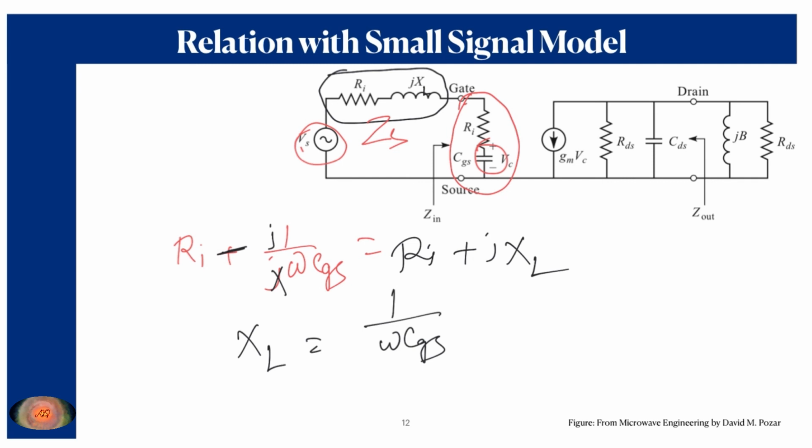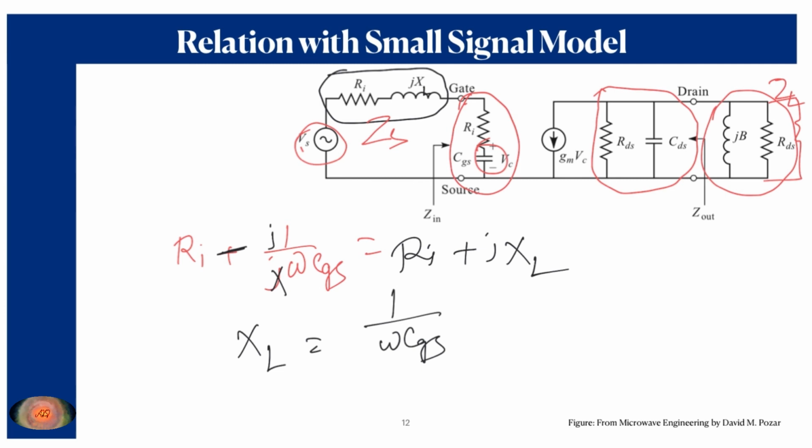In a similar way, you can see that the conjugate matching is also done at the output side, because initially there exists this RDS and CDS, the drain to source capacitor. This RDS is the load. Either this can be a load or you can apply the load over here, but the additional circuit that I have connected over here is this RDS and jB.